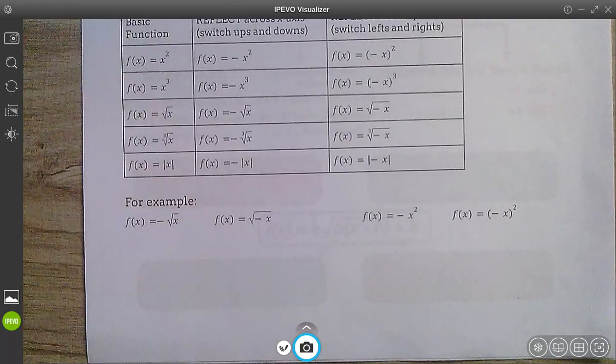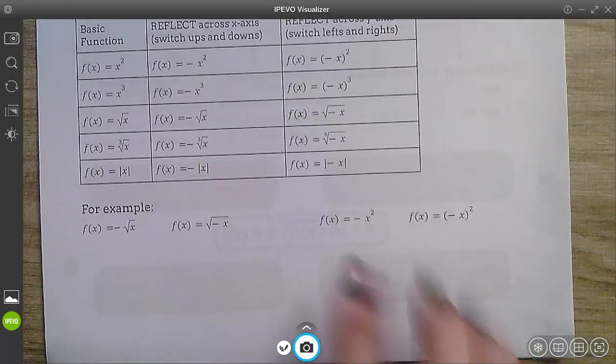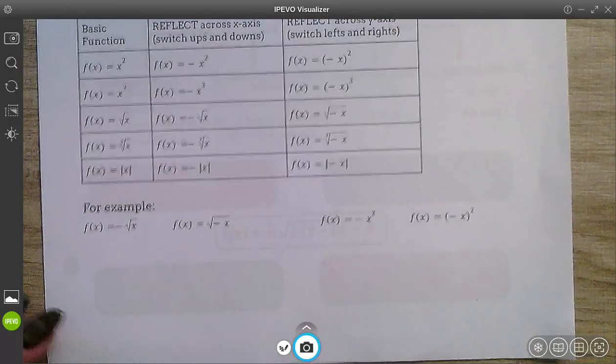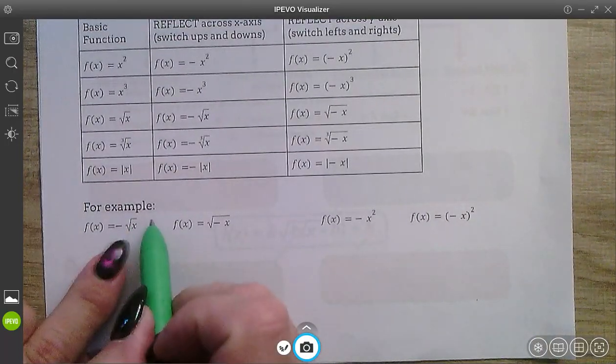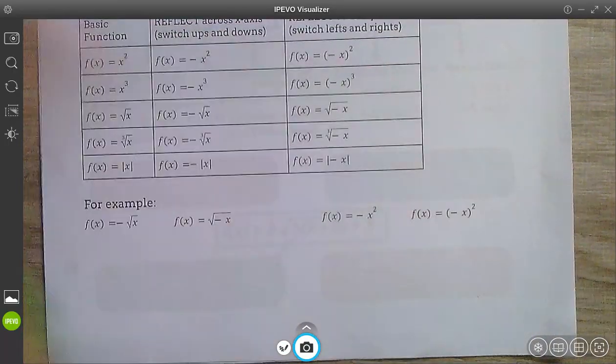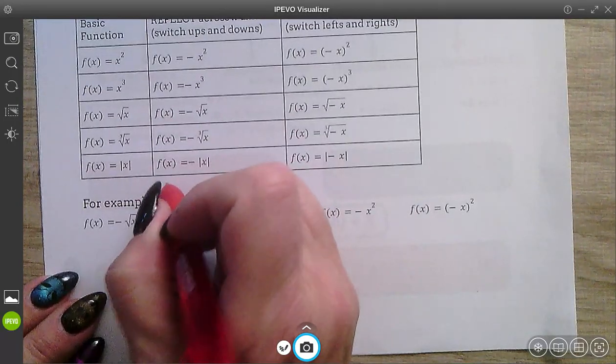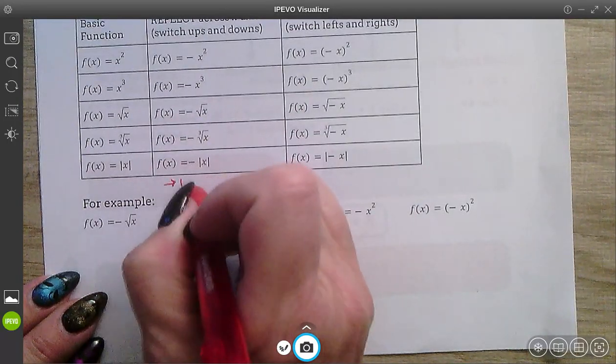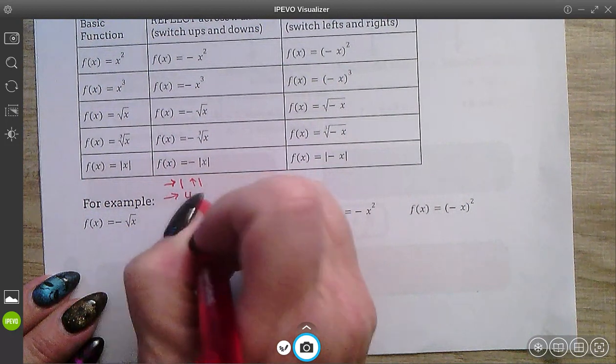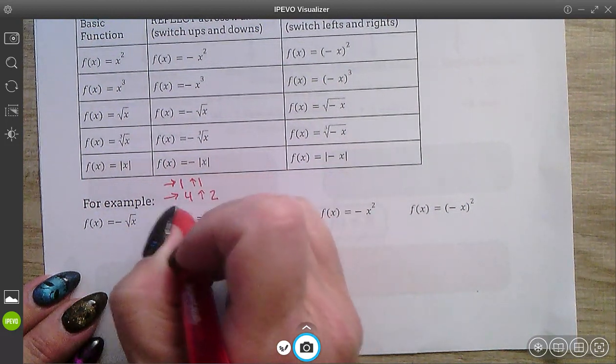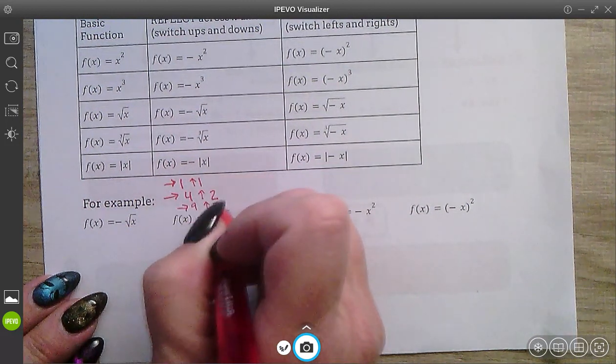So here, we're going to do this with square root because the squaring one isn't too exciting. On a square root, remember that the pattern for a square root is that we start at 0, 0, then we go right 1, up 1, right 4, up 2, right 9, up 3.